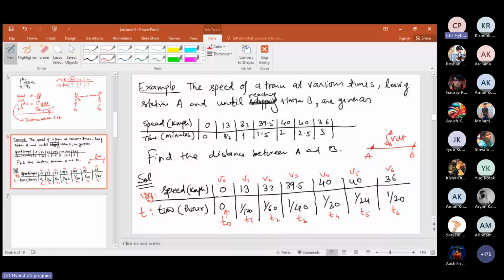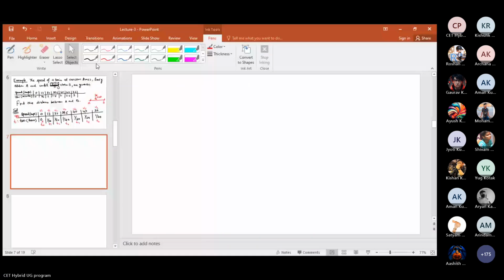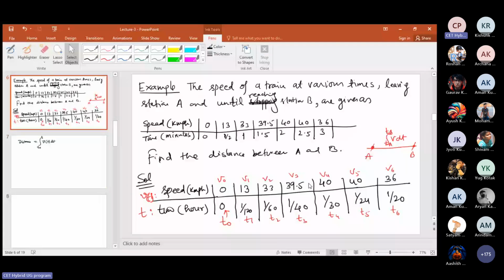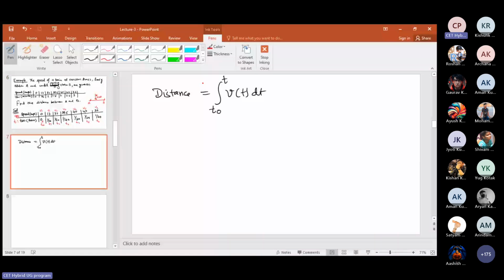So we'll find that distance is equal to the integral of vt dt from t0 to t6. We have to find this value.